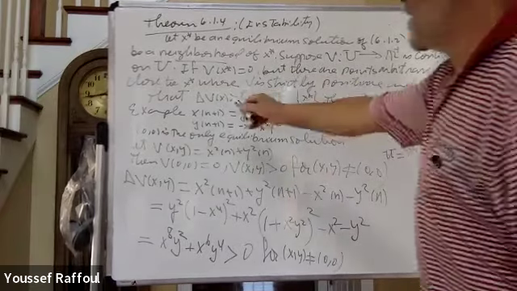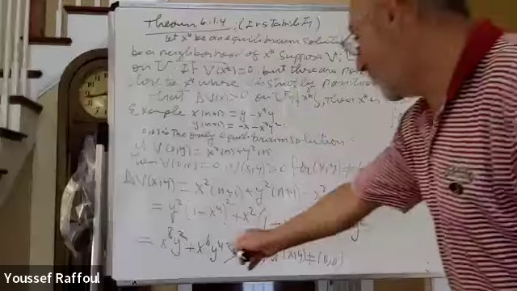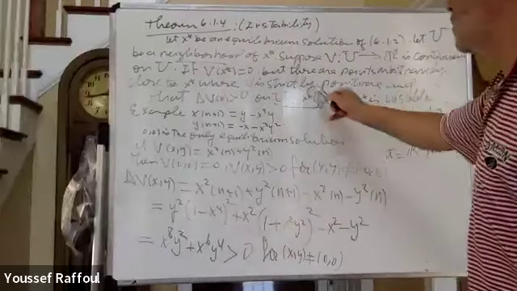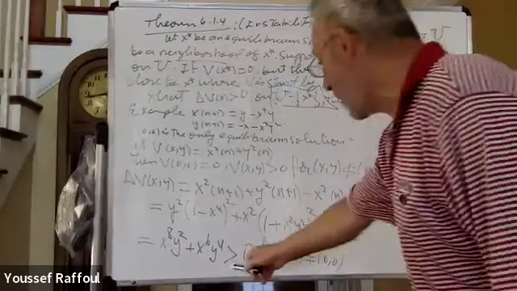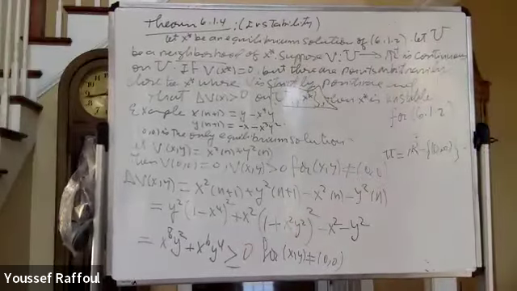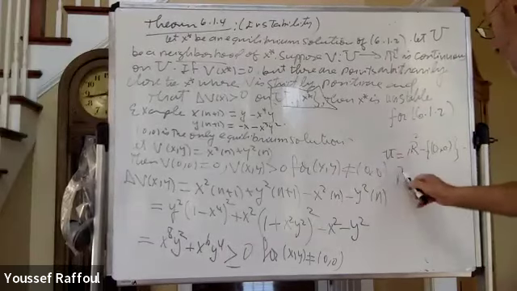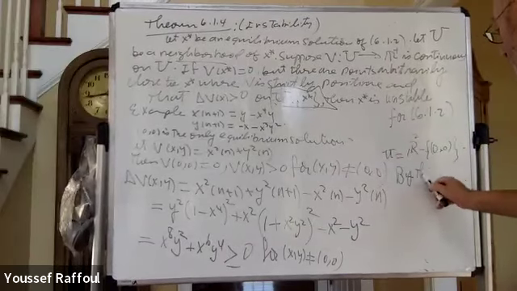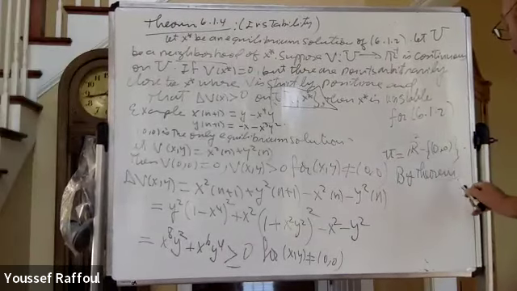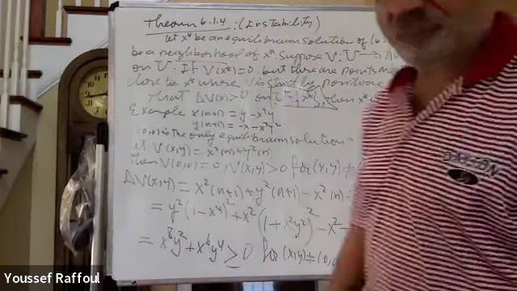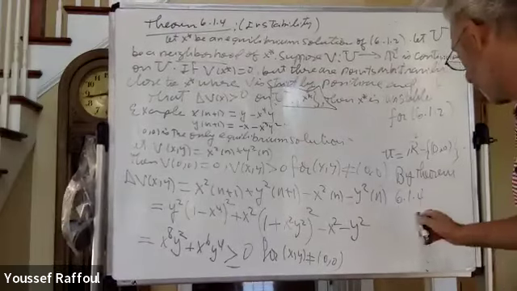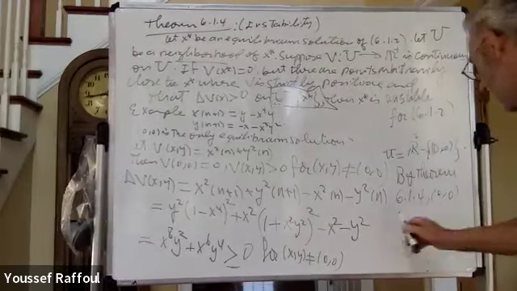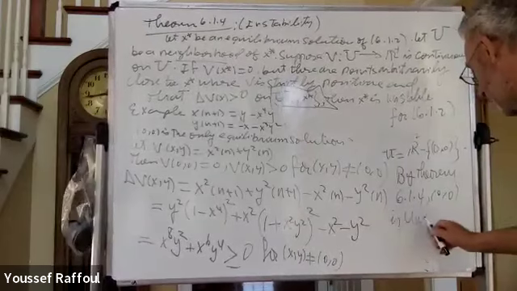Strictly positive delta V on U. So delta V on this set U, which is R squared minus (0, 0), is strictly positive. So therefore, by theorem 6.1.4, (0, 0) is unstable.